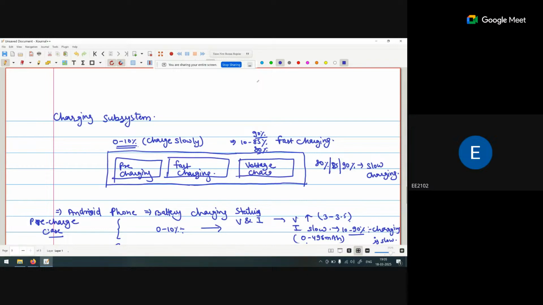We can say constant voltage charging because, as I already told, we are using the rectifier. Any doubt?